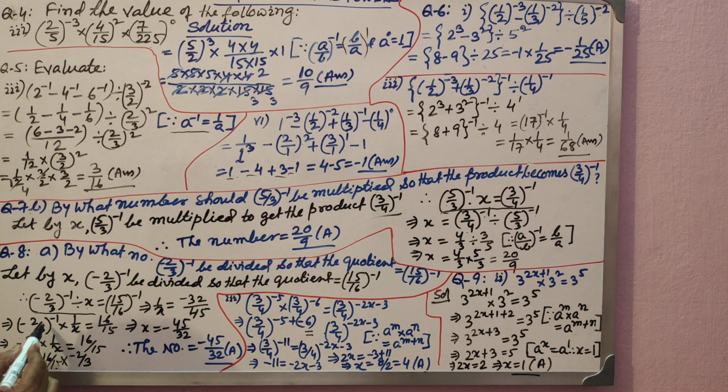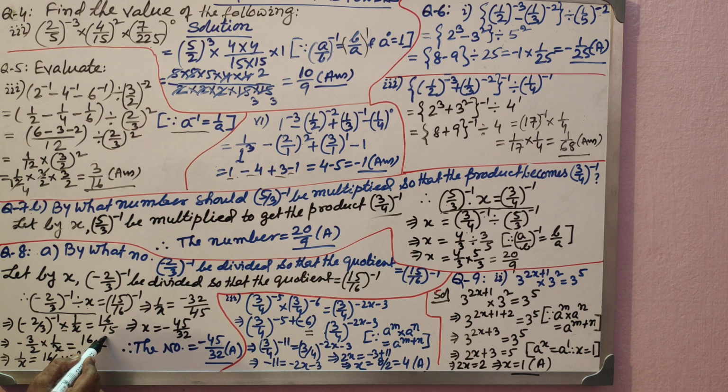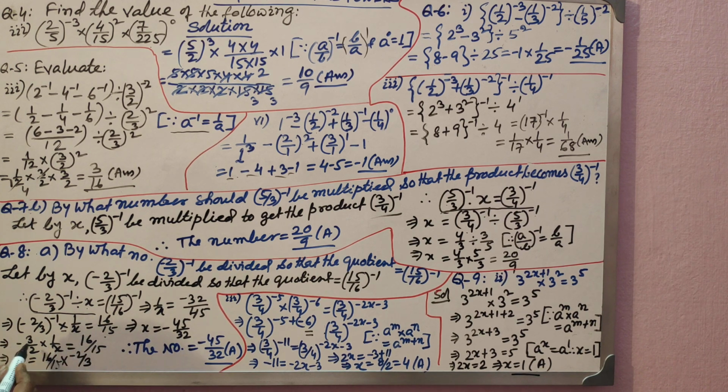So minus 2 by 3 to the power minus 1, same thing, and 1 by x, and changing the sign to multiplication, this is equal to, the base will be reciprocal, 16 by 15. Could you understand this step? Now this one again has minus 1 as the power, therefore if you make it plus 1, minus 2 by 3 becomes minus 3 by 2, because the base changes. So it is minus 3 by 2 into 1 by x is equal to 16 by 15.